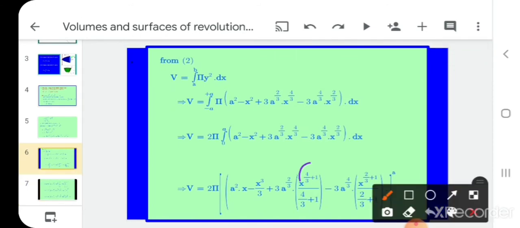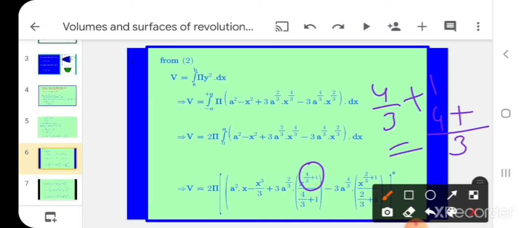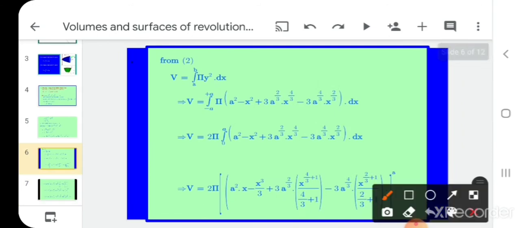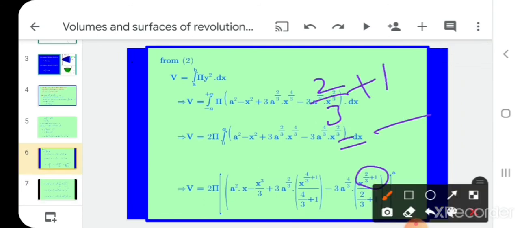What is x power 4 by 3 plus 1? 4 by 3 plus 1, with 3 as the LCM, is 4 plus 3, which is 7 by 3. So I write x power 7 by 3 by 7 by 3. Similarly, what is the value of x power 2 by 3 plus 1? LCM is 3, 2 plus 3 means 5 by 3.